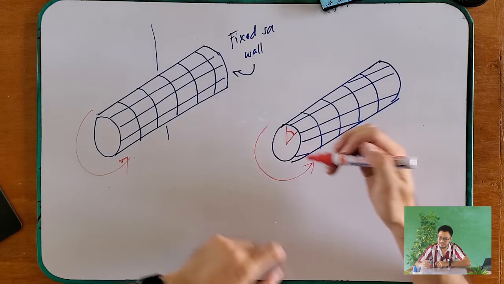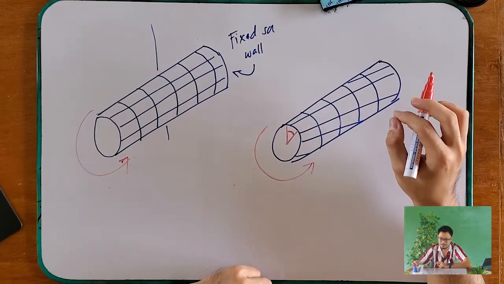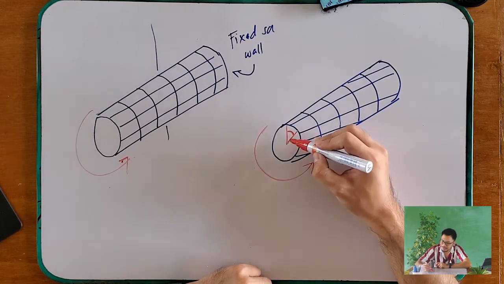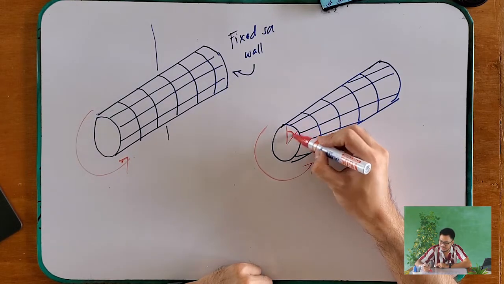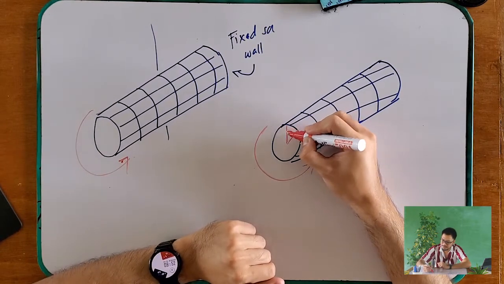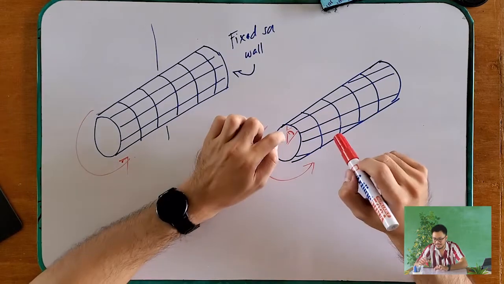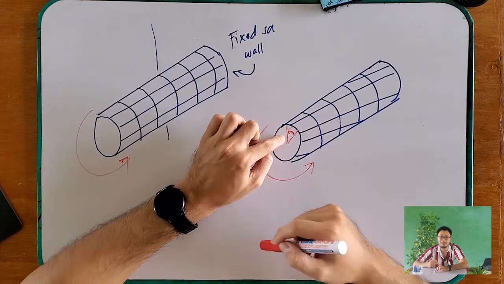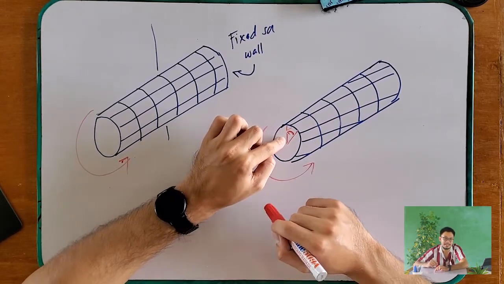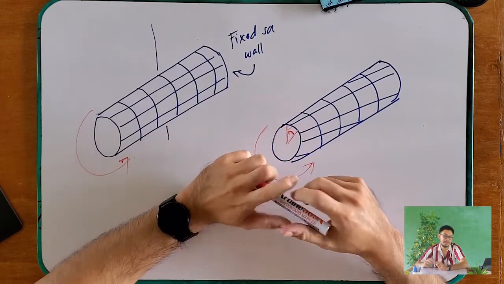And your radial lines, which are these ones, remain straight. But instead of the initial position, they rotated in that direction. So therefore, there is an angle of twist that occurs at one end, and that is what we need later on in our topic.